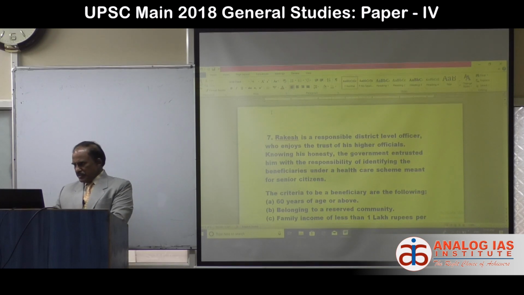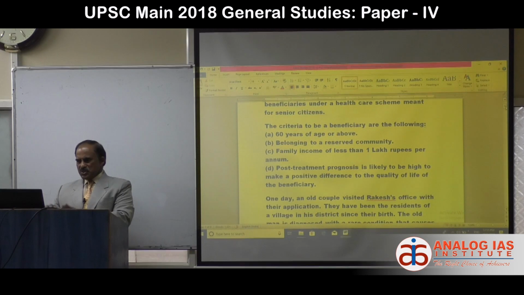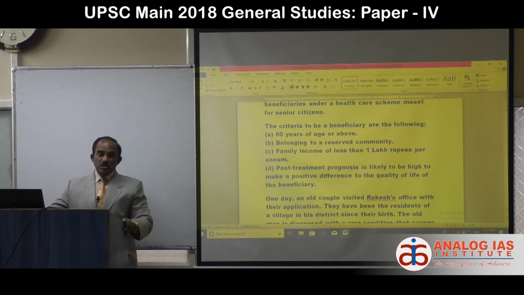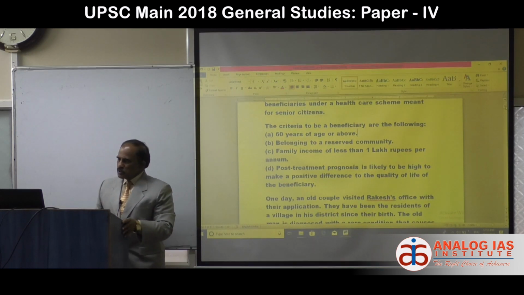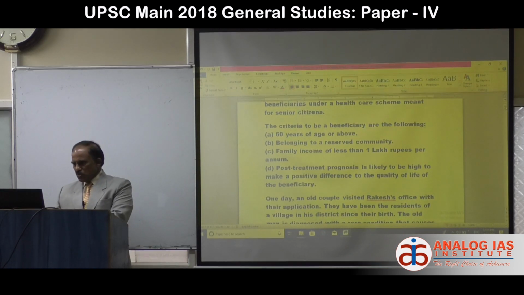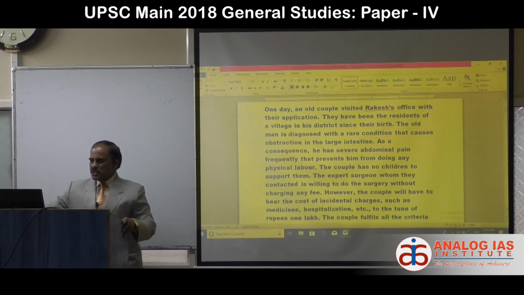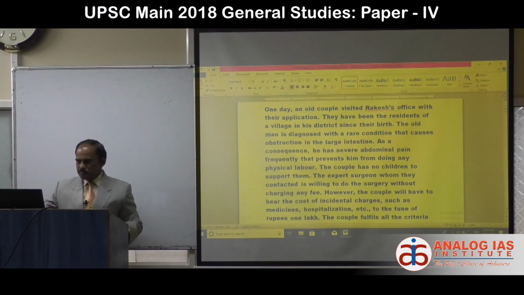Now, there are certain criteria for the people who are eligible for this scheme. Four types of criteria are given here: 60 years of age and above, belonging to reserved community, family income less than 1 lakh, and the post-treatment prognosis is likely to be high to make a positive difference to the quality of life. Then one day, an old couple visited Rakesh's office with their application.